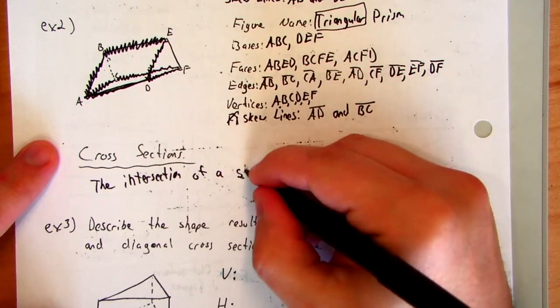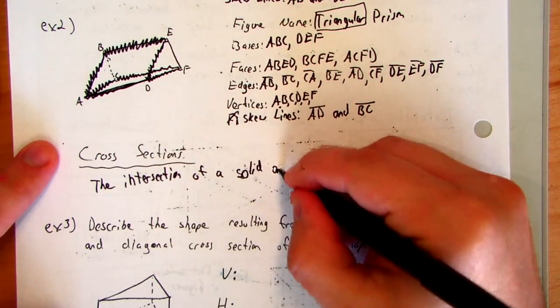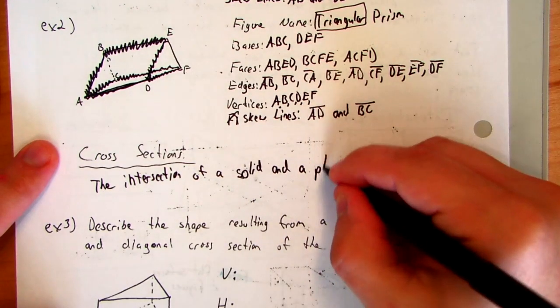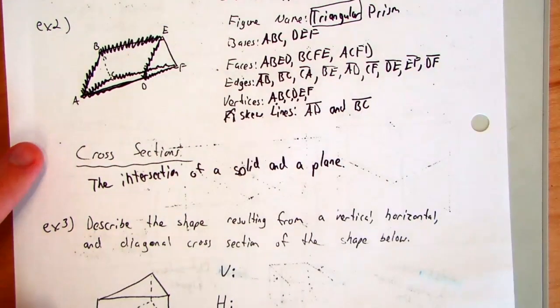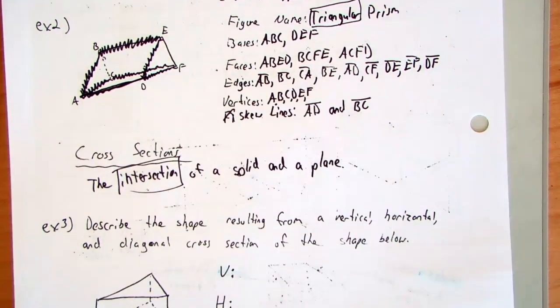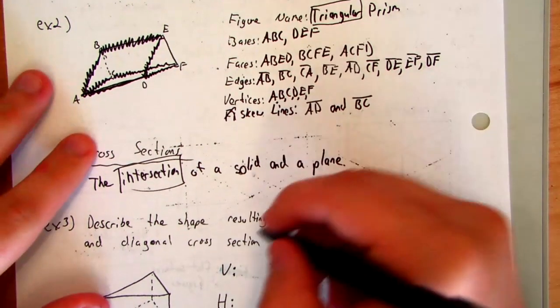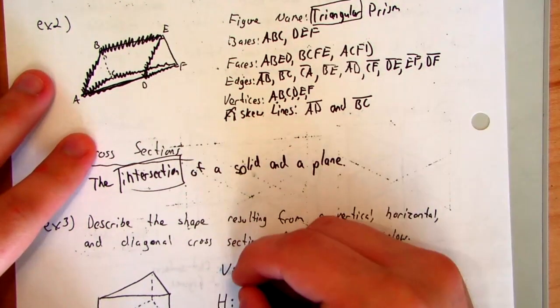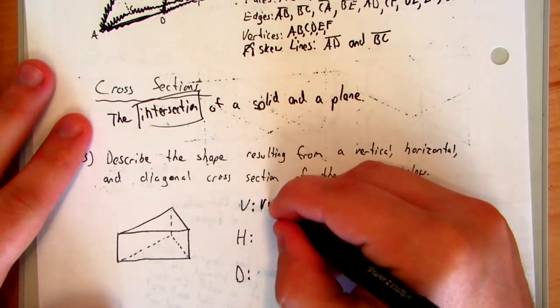The important thing is we're going to be looking at the intersection. So if we look at this first cross section, we could be talking about a vertical one. So V, this is vertical. H would be horizontal. And D would be diagonal.